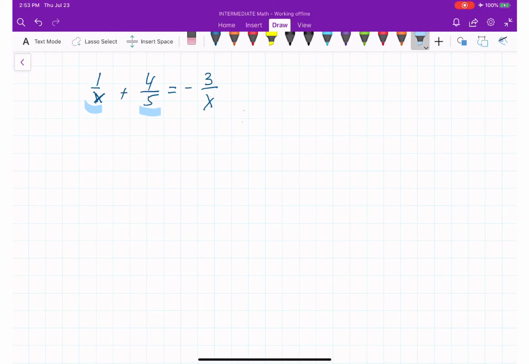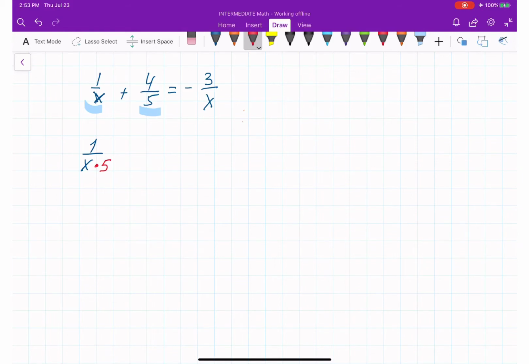Which means we bring everything to the common denominator, meaning all three terms are going to have the same denominator. If the common denominator is 5x, in the case of 1 over x, what are we missing? 5, right? So we multiply by 5 to get 5x.